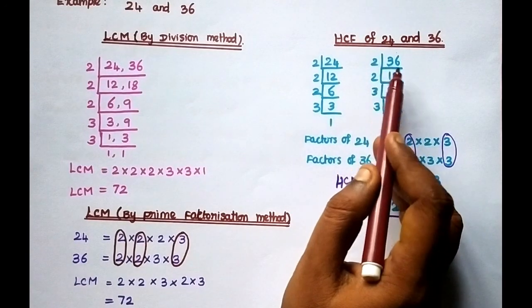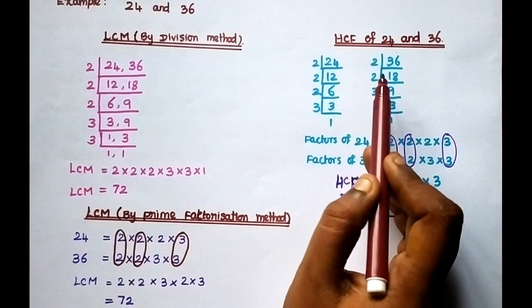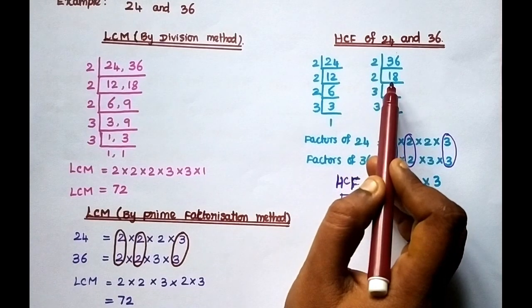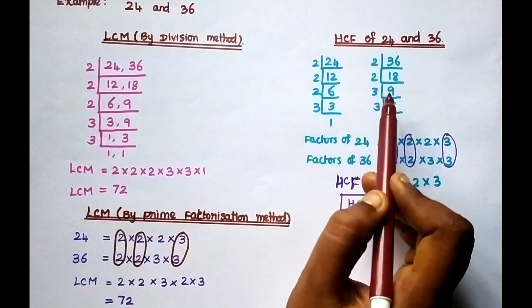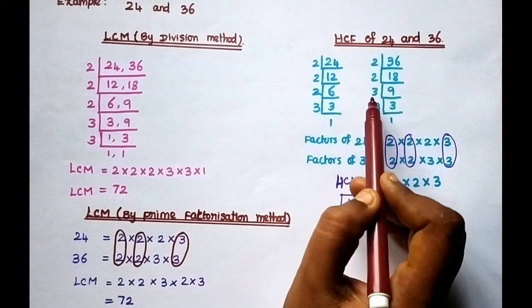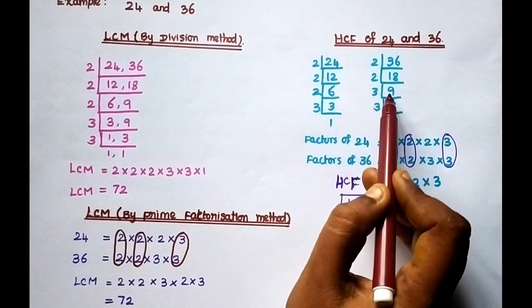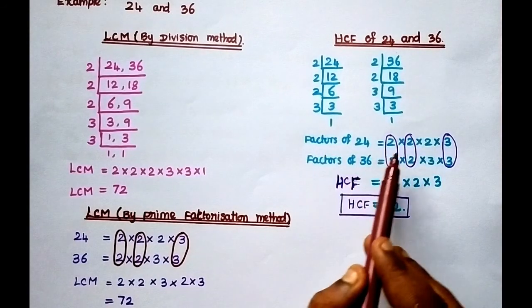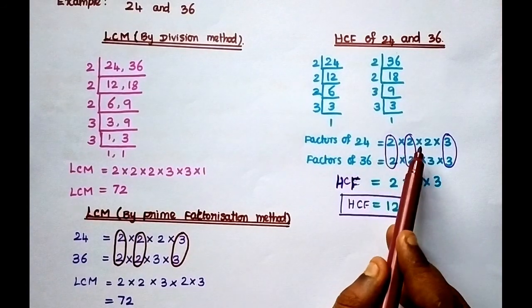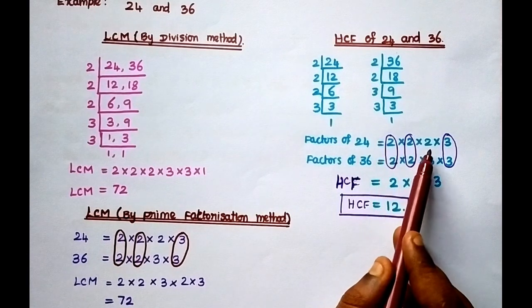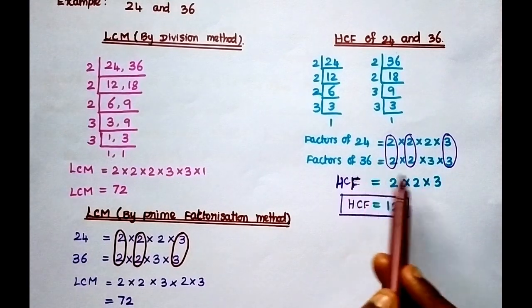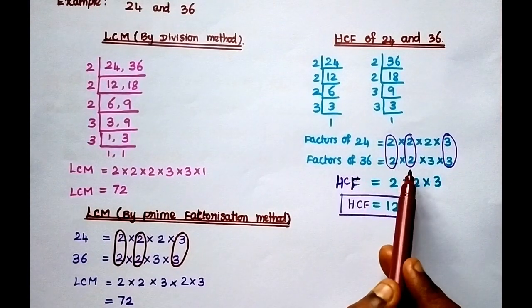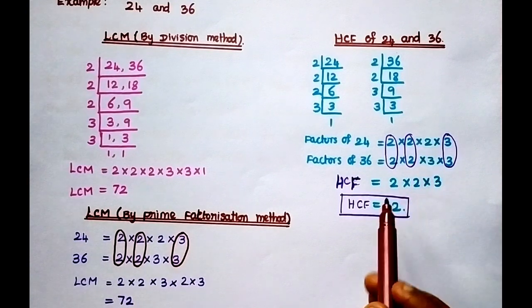Here also 36, 2 18s are 36, 2 9s are 18, 3 3s are 9, 3 1s are 3. Write down the factors: 2 into 2 into 2 into 3, and here 2 into 2 into 3 into 3.